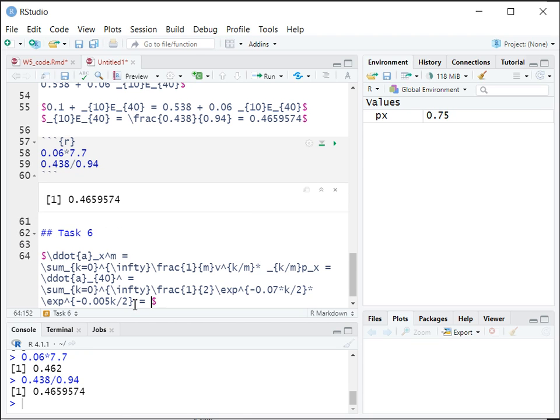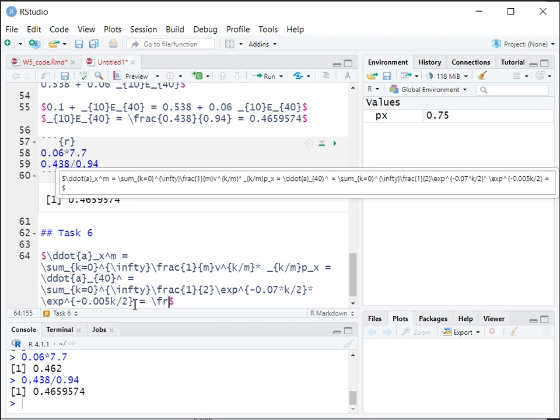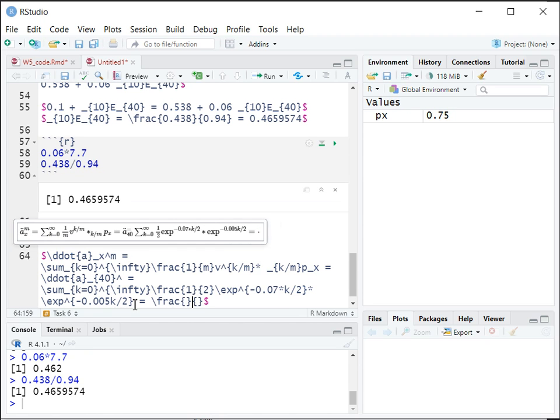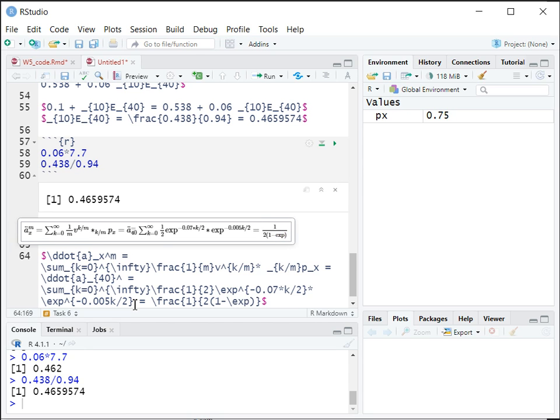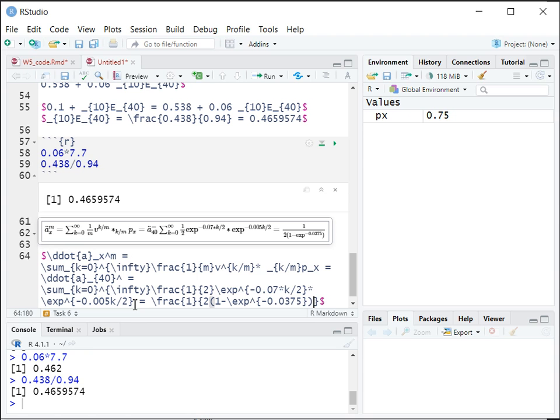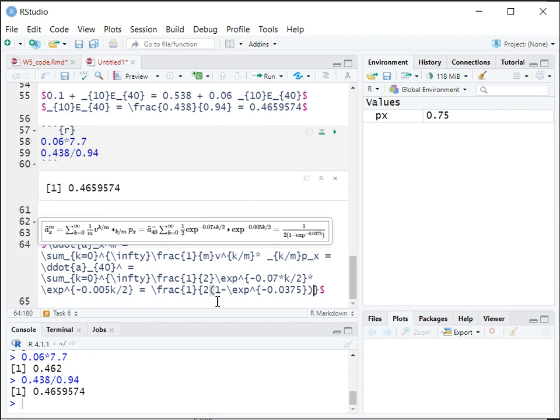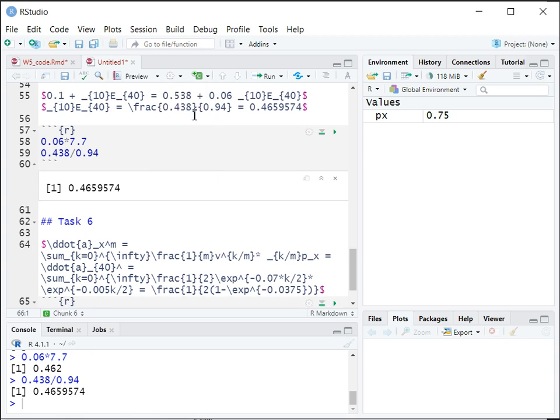So that value generally can be transformed to a fraction, and the fraction will have 1 minus exponent to the power of minus 0.0375, and we have to compute.